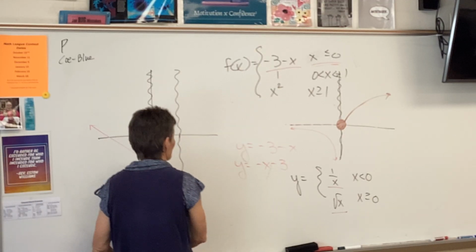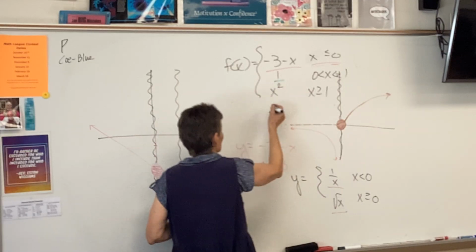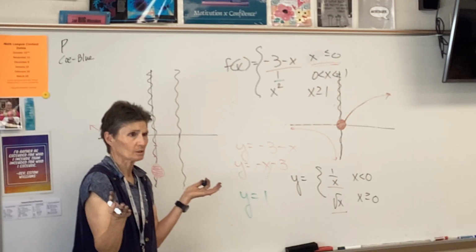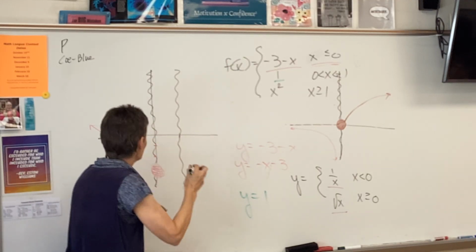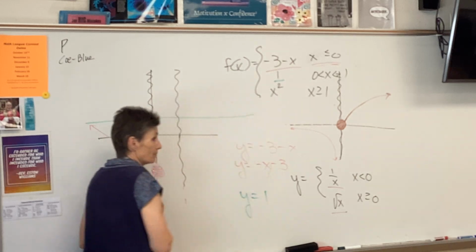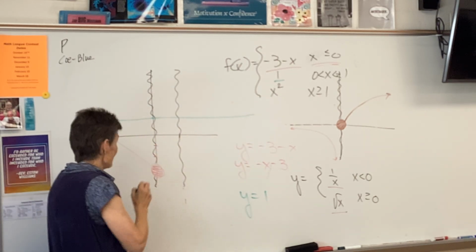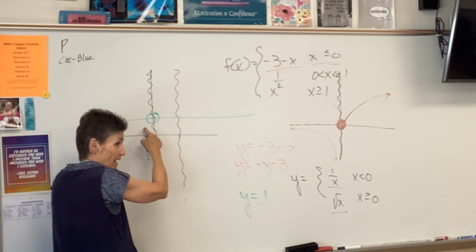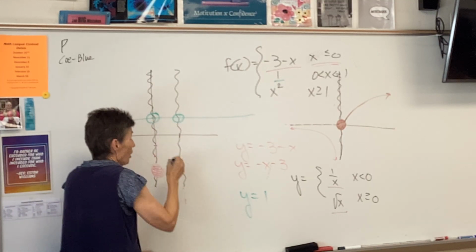Alright, now with my green marker, I have the equation y equals 1. What does y equals 1 look like? Just a straight line. Horizontal line through 1. So it's going to look like that. But I'm going to have an open circle on that crack and an open circle on that crack.